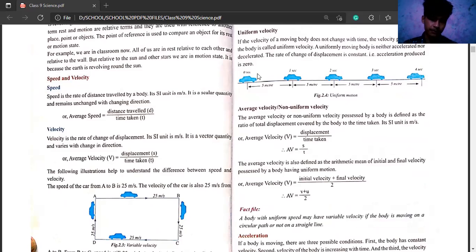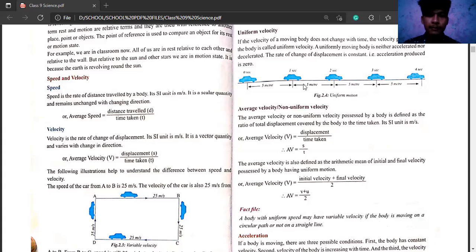What will be the velocity? Look at it. The time is 1 second. That means the time interval is 1 second, and the displacement is 5 meters. That means 5 meters per second is the velocity here.